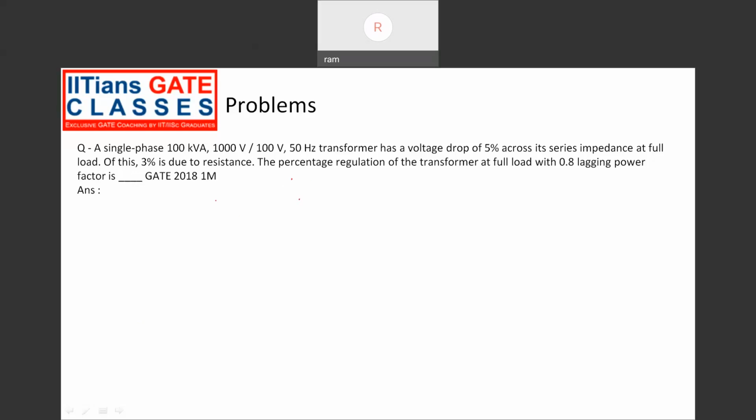A single phase 100 kVA, 1000 volt by 100 volt, 50 Hz transformer has a voltage drop of 5% across its series impedance at full load. Of this, 3% is due to resistance. The percentage regulation of the transformer at full load with 0.8 lagging power factor is?